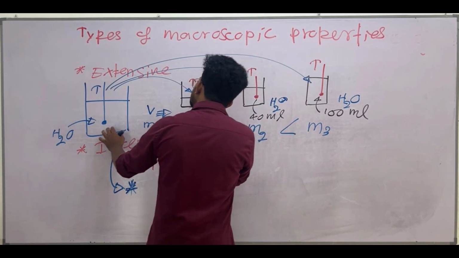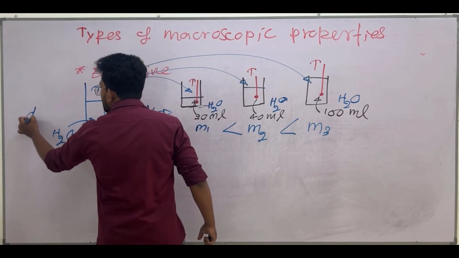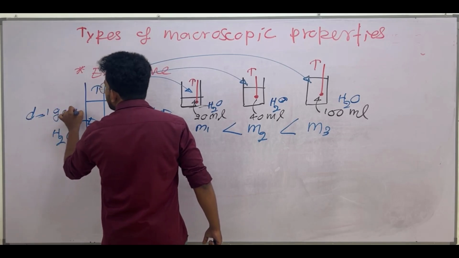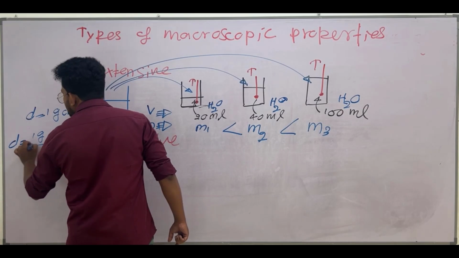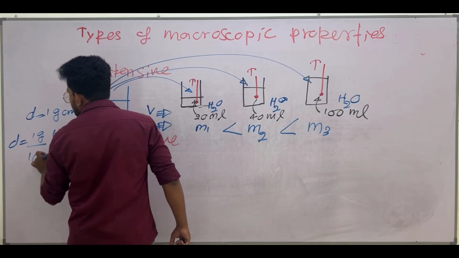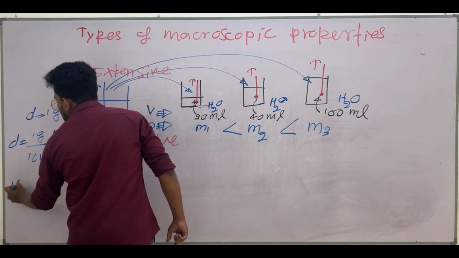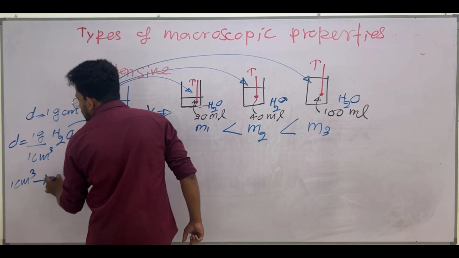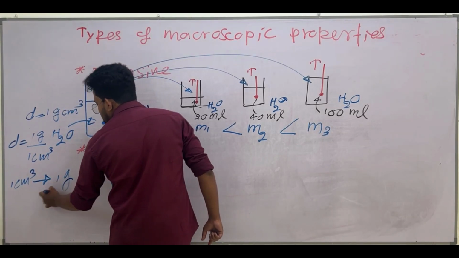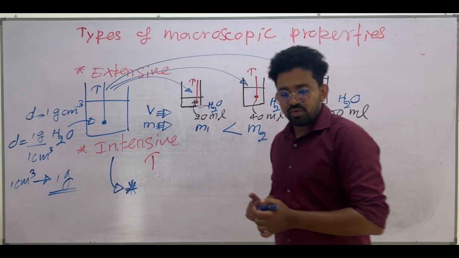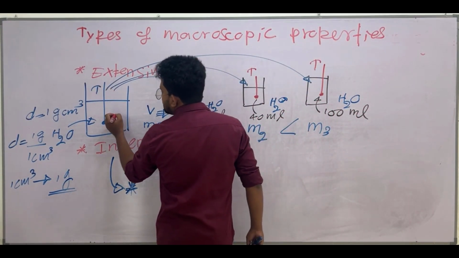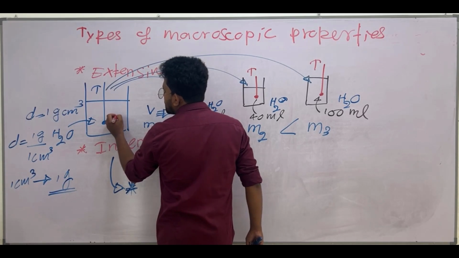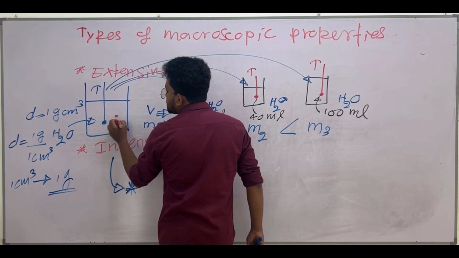Now here, if we consider the density of H2O, that is 1 gram per cubic centimeter. The meaning of this is that 1 cubic centimeter of H2O weighs 1 gram. If we get the density, it gives the mass of 1 cubic centimeter.